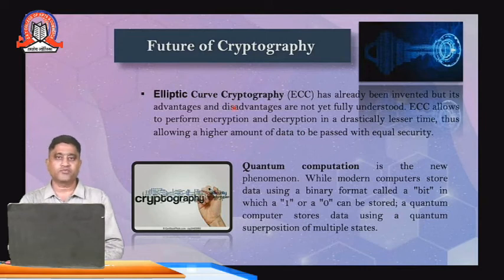So the future of elliptic curve cryptography is much better. And quantum computation is the new phenomenon where, while the modern computer stores data using the binary function of 0 and 1, the quantum computer stores the data using the quantum superposition of multiple states.